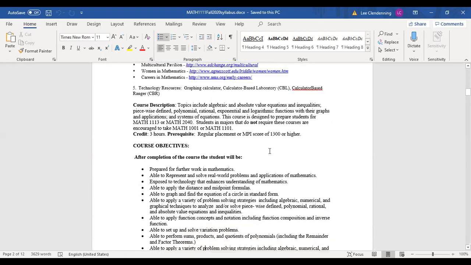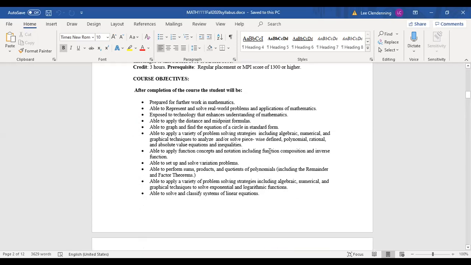Course description: the course after this is Math 1113. Math 2040 is Business Calculus. Math 1113 is Pre-Calculus. The courses after Pre-Calculus are Math 1450, Calculus 1, then Calculus 2, 2460, and Calculus 3, 2470. Depending on your major, you may or may not need however many of those.